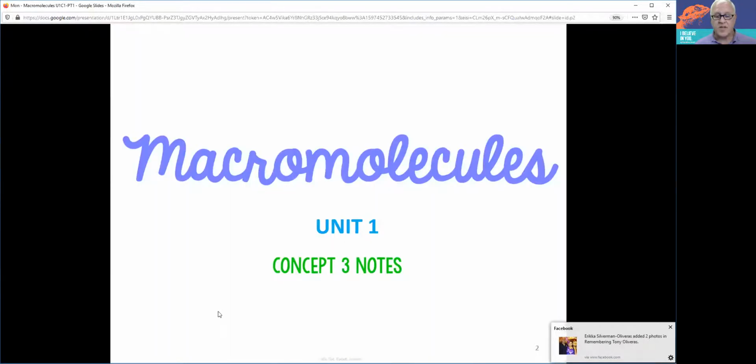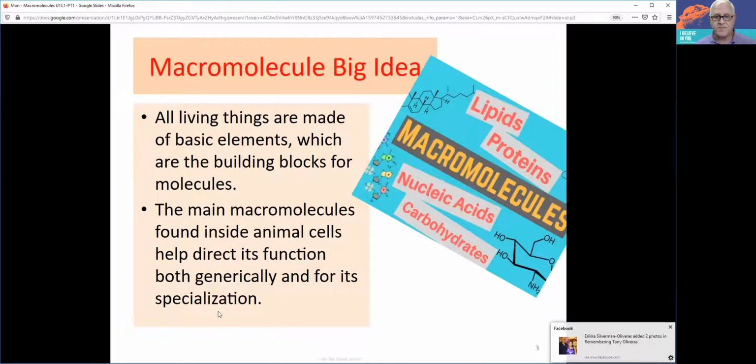Okay, so like I said, this is part of our first unit on biology basics, and this is the concept 3 notes introduction. The big idea with macromolecules is that all living things are made of basic elements, which are the building blocks for the molecules.